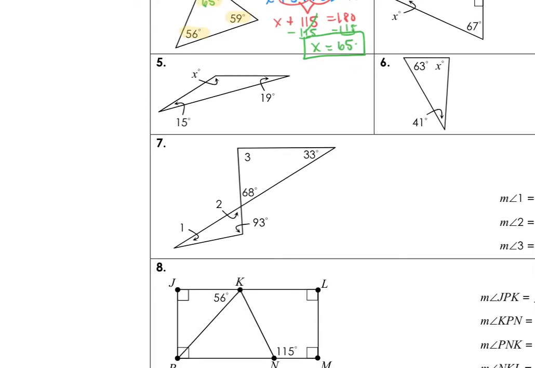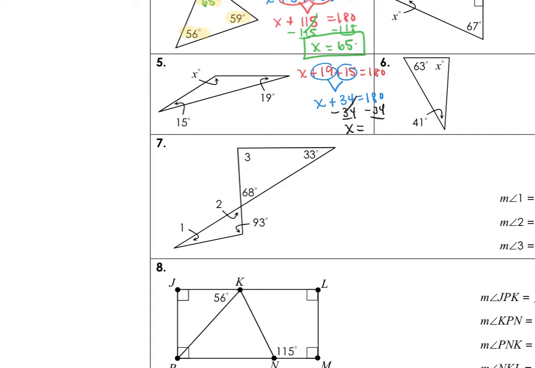Number 5, we're going to write x plus 19 plus 15. Adding those up, they're going to equal 180. So go ahead and combine the constants. We're combining like terms here, and we're going to get x plus 34 equals 180. Let's solve for x by doing the inverse operation, balance, solve.